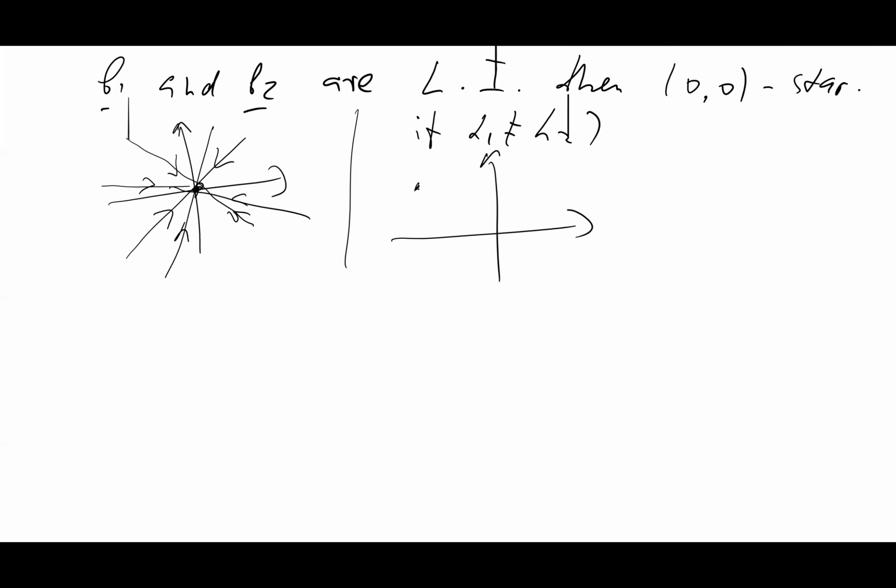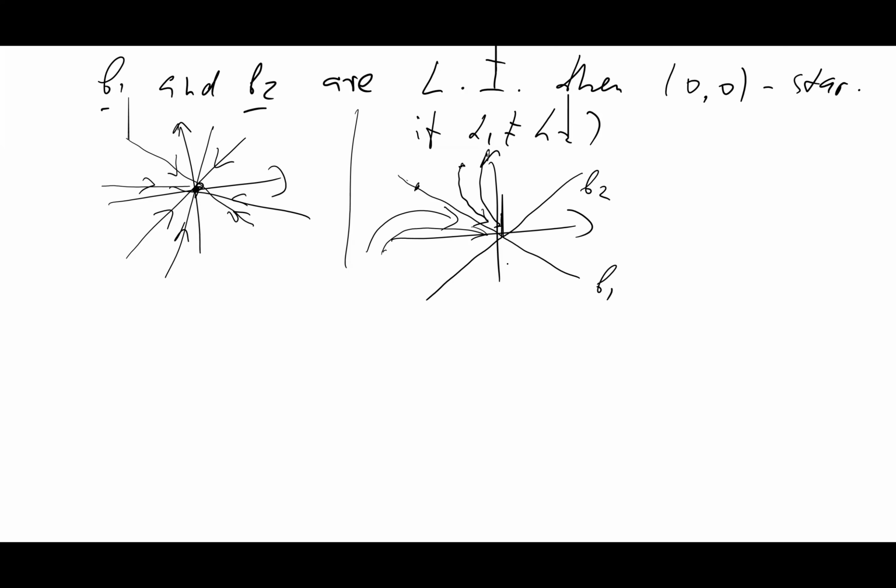For example, we start here, this is the B1 direction, this is the B2 direction, and usually the solutions bend, because they get closer to one of the eigen directions faster than to another.